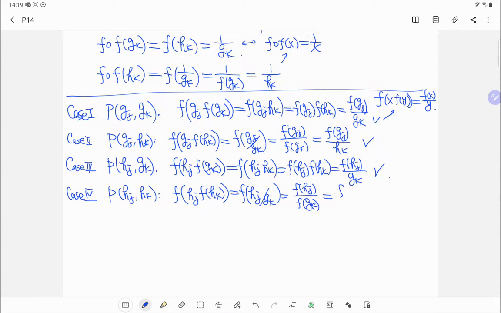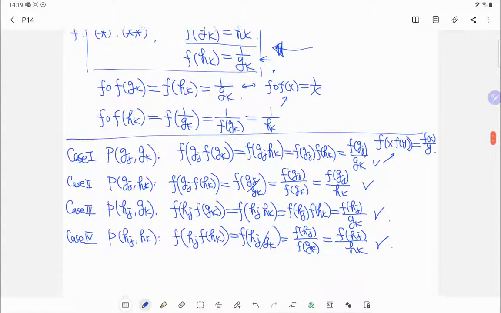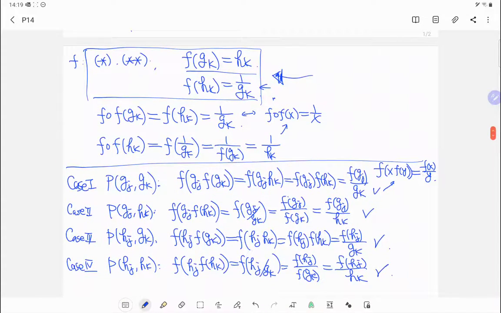So it will be f of hj over hk, checked, which means this function satisfies the original function equation. And this is the end of this video.